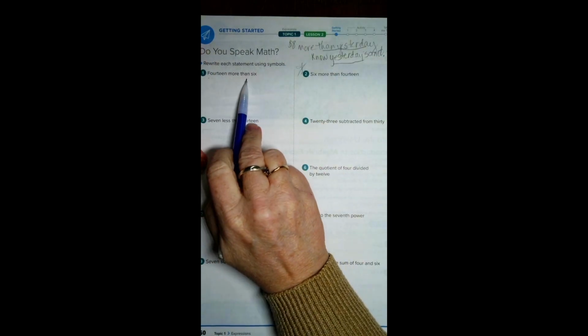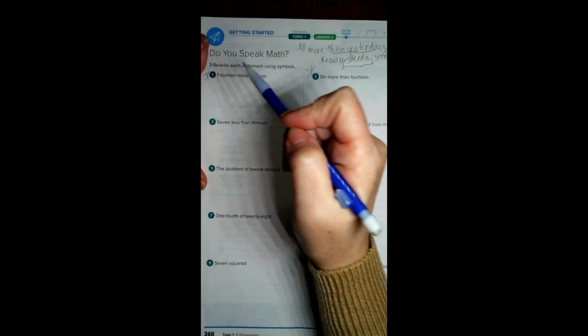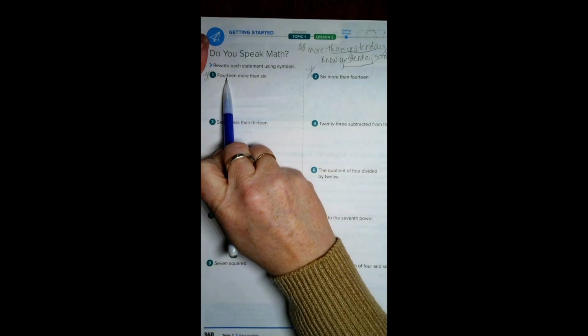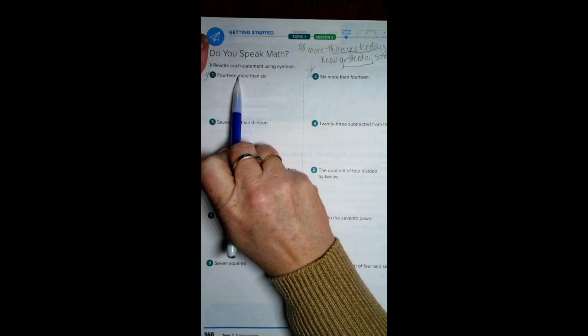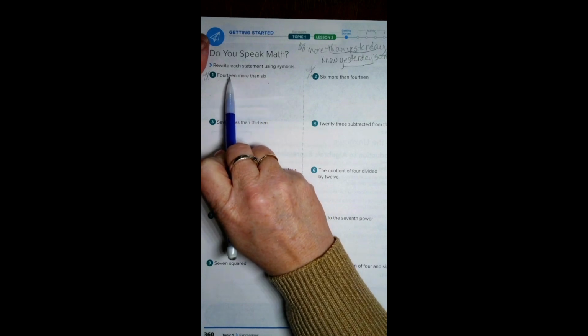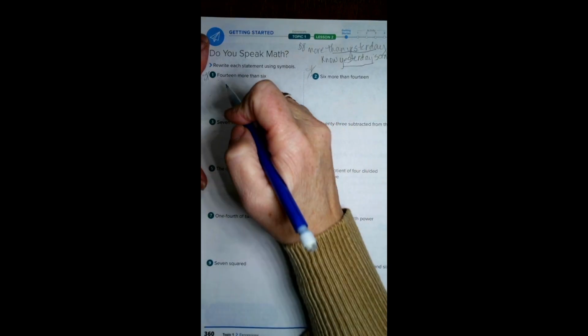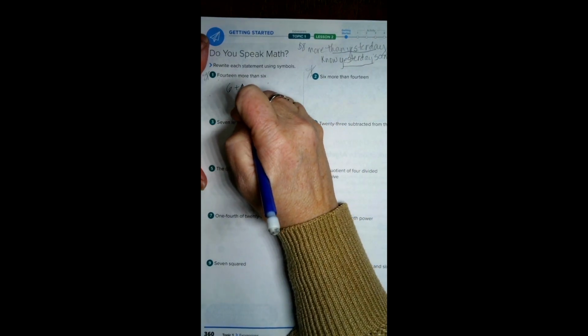So 14 more than 6. So if my amount yesterday, let's say instead of 8, I'm doing 14 more than 6. So if I have $14 more than I did yesterday, and yesterday I had 6, I would have 6 plus the 14. 6 more than 14.